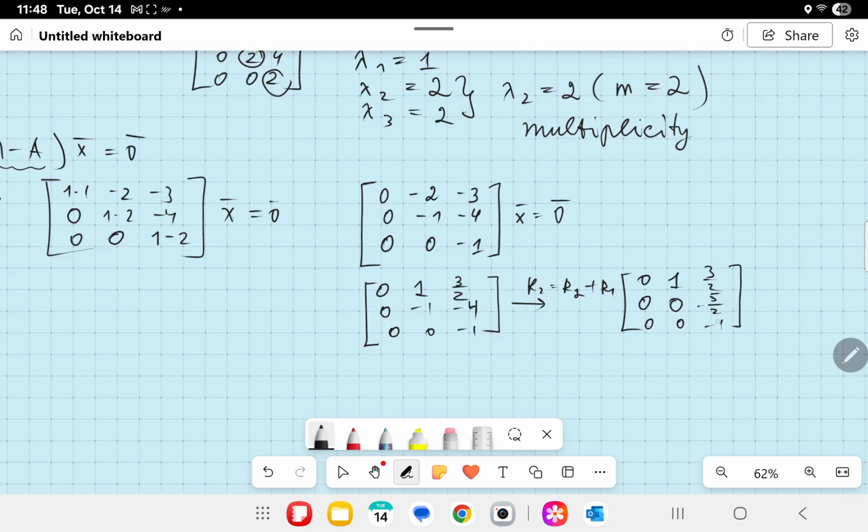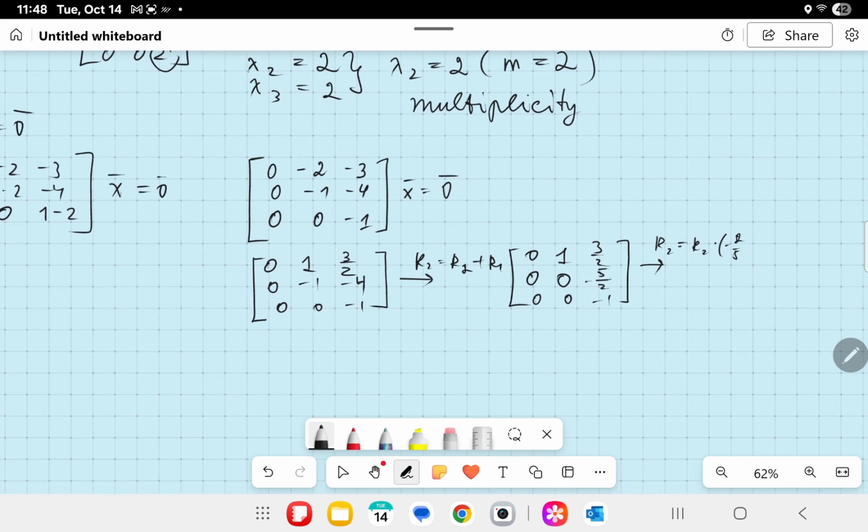Now I can turn this into 1 by multiplying row 2 by -2/5. Sorry, I'm going to move here a little bit. I'm just doing it formally, but it's not necessary. So with -2/5, as a result I'm going to have 0, 1, 3/2, 0, 0, 1, 0, 0, -1.